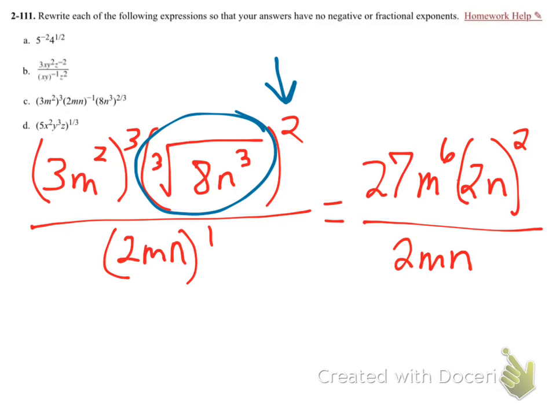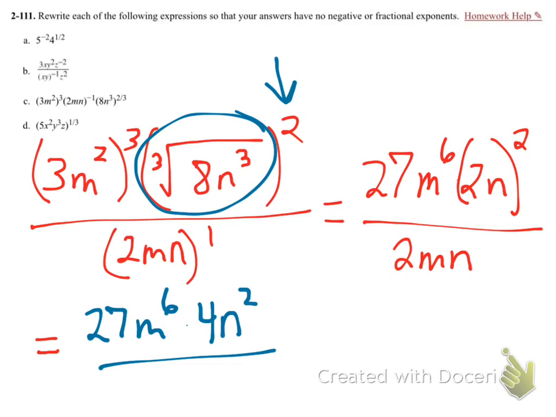This can be simplified once again even further. If I just get rid of my parentheses here, so I'm squaring the 2 and squaring the n, I have 27 m to the 6th times 4 n squared divided by 2mn.